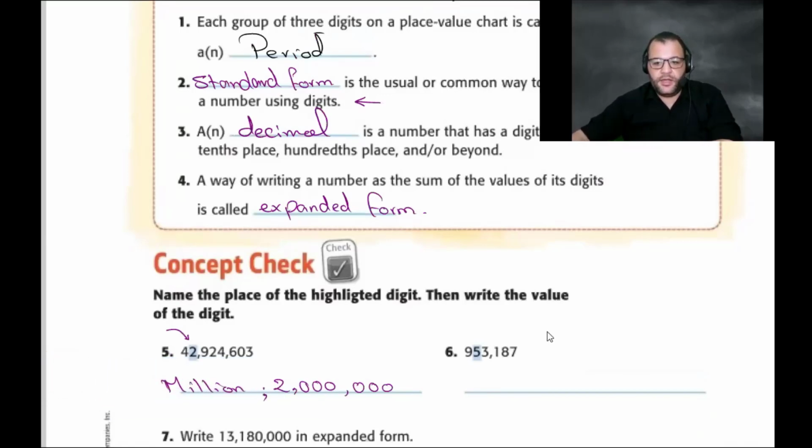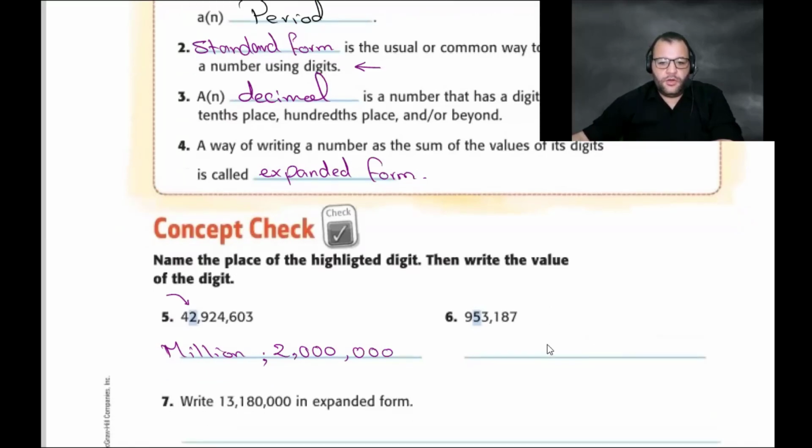Okay? Now for 5. Who can solve this one? Cindy. Okay, 5 here. In which place? I'm talking now about the place, not the value. The place value. You remember when I talked about the place value, the difference between them and the value?